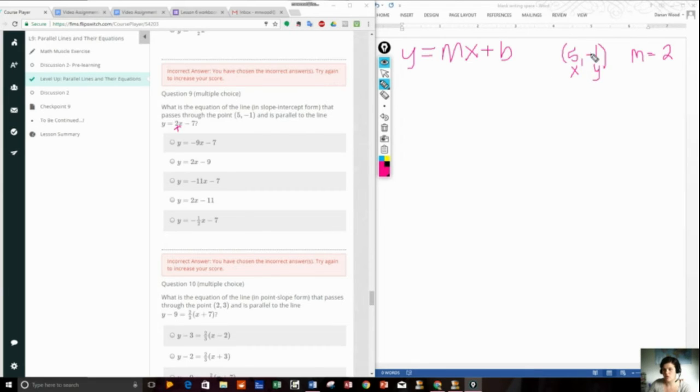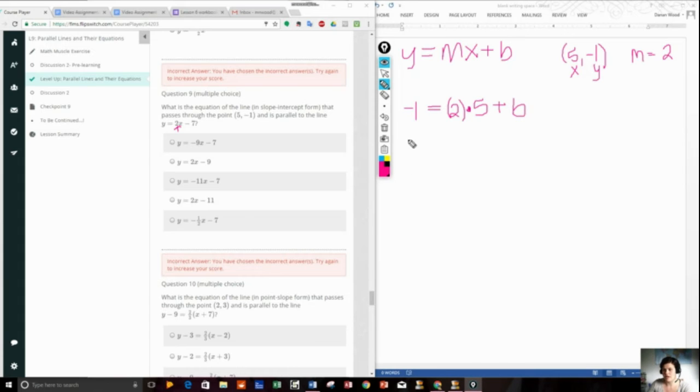So I'm going to replace y with -1. So when you're finding b, these are the steps you go through. And then m is 2, so I'm going to write 2 times x, and where the x is, I'm going to write 5 because that was the coordinate that we had, plus b.